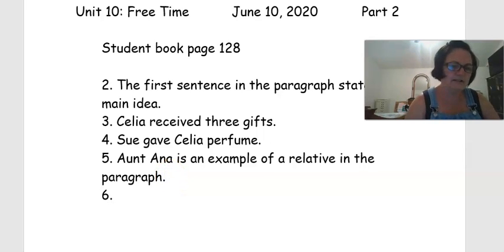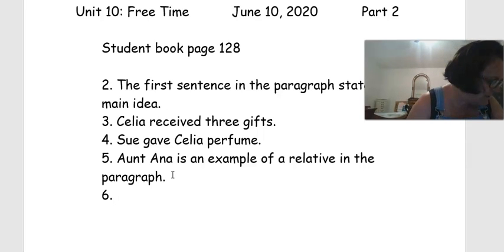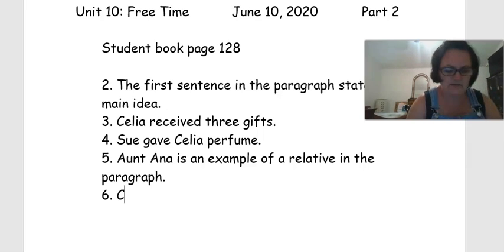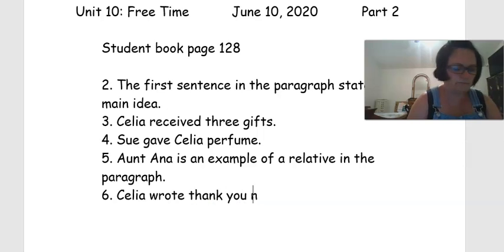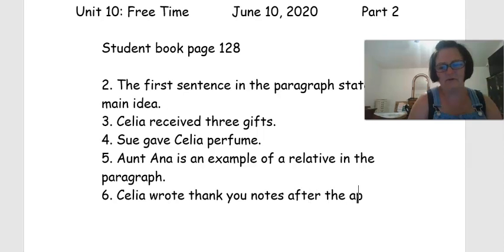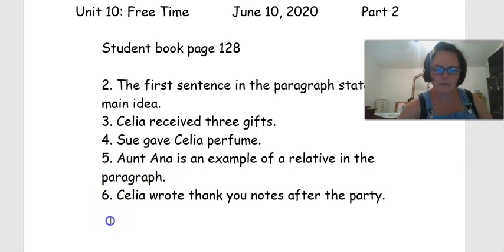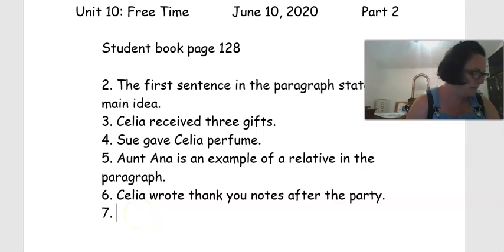Okay, number 6 says, what did Celia do after the party? Celia wrote thank you notes after the party. Okay? And our last one, number 7.